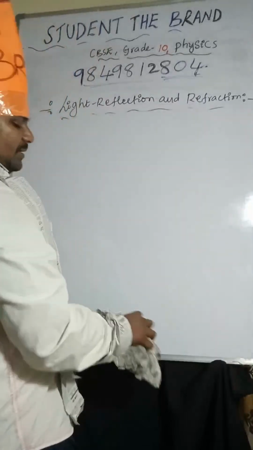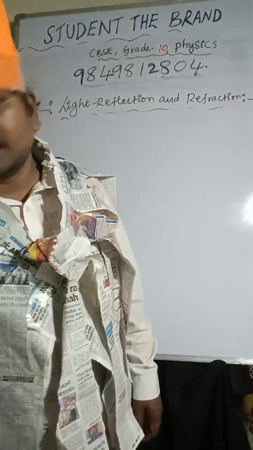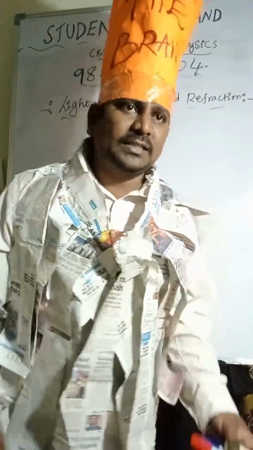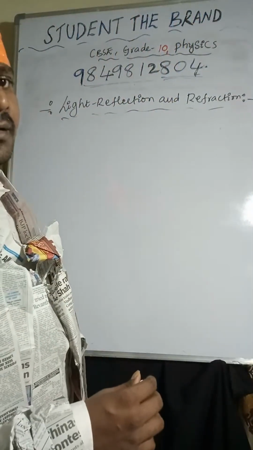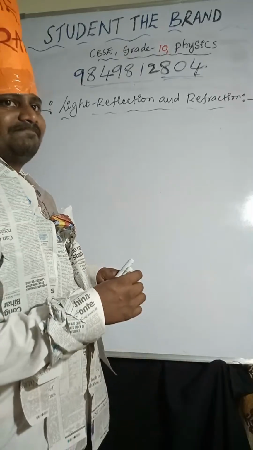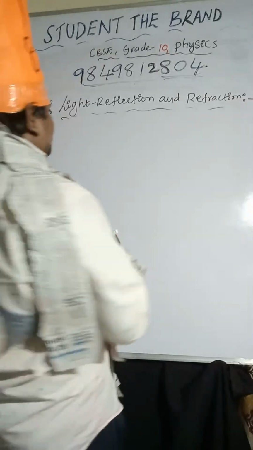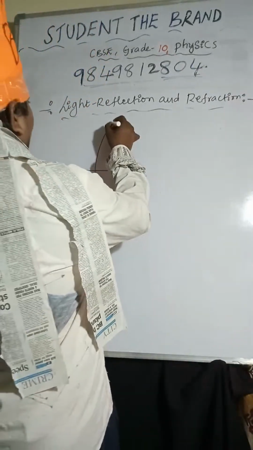Okay, so next one. Next one we are discussing about convex mirror. So in convex mirror only two image formations are there.